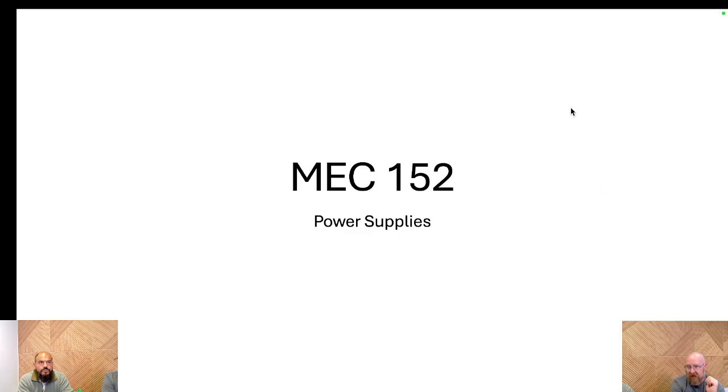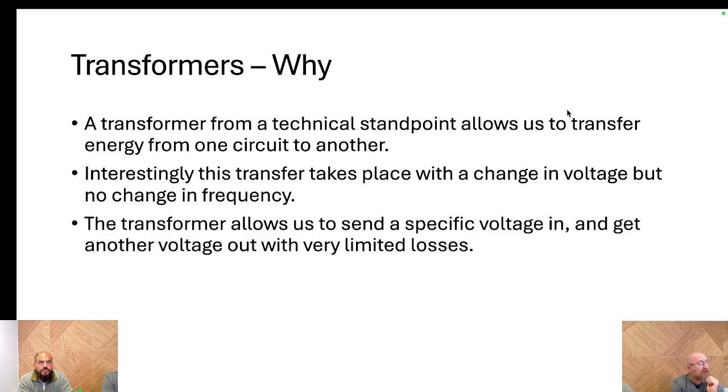We'll talk about transformers, why we need them. Well, as we just talked about, we use them to transfer energy from one circuit to another. A transformer allows us to make that transfer from one circuit to another using electromagnetism, which we've already talked about in another video.